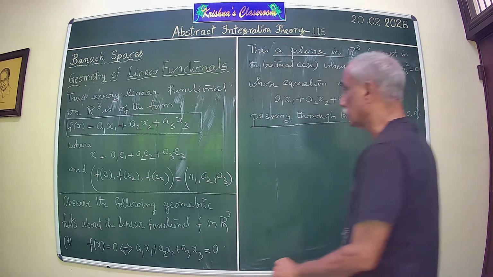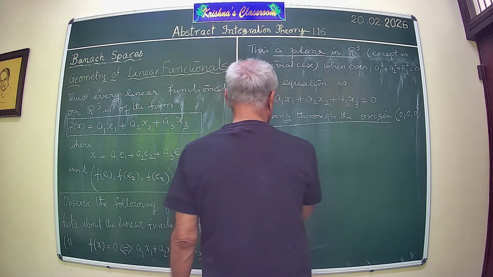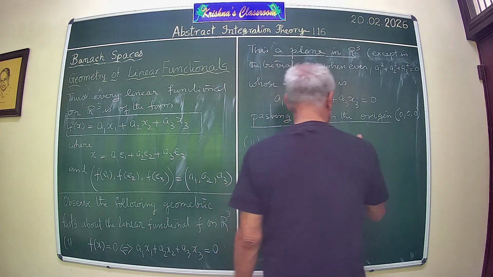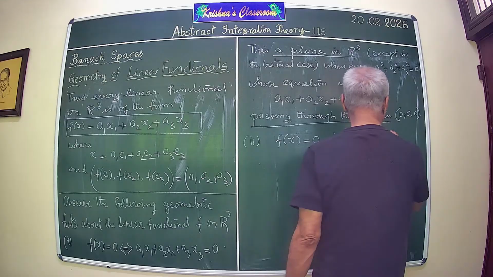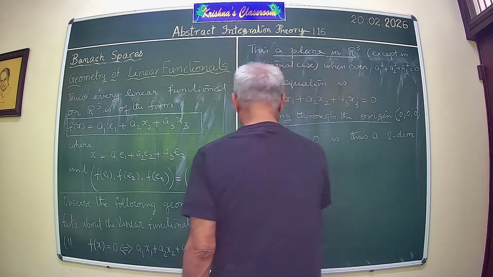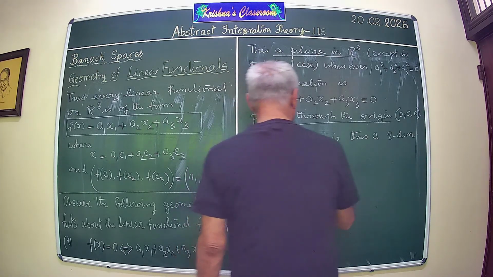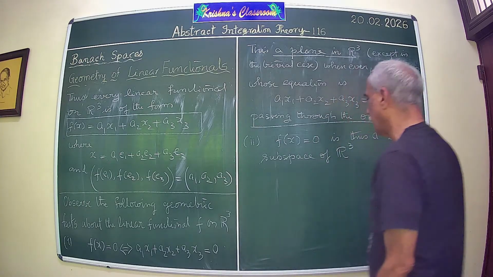Now you know that f of x equal to 0 gives a two-dimensional subspace. That means the set of all points x with f of x equal to 0.